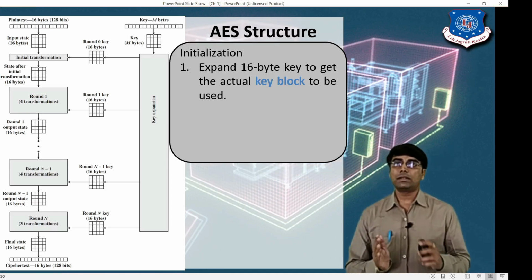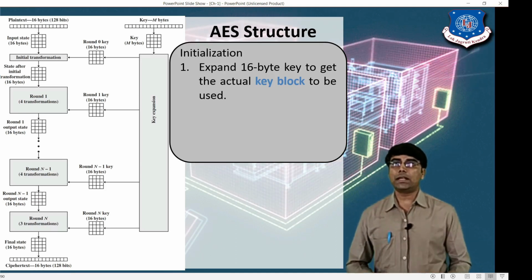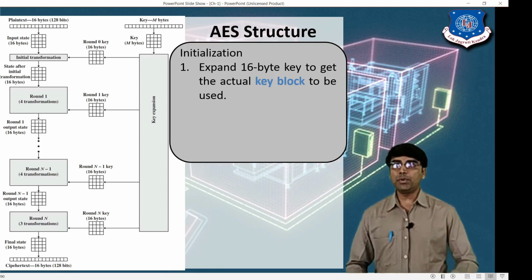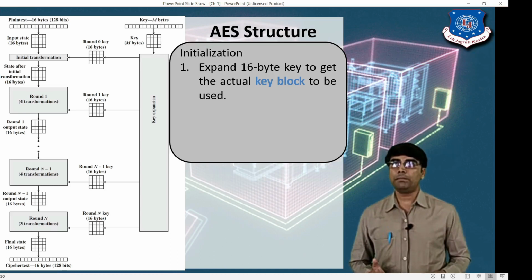In this AES algorithm, input is represented in matrix form and output is also represented in matrix form. Here you can see the 16-byte plain text is represented in matrix form.